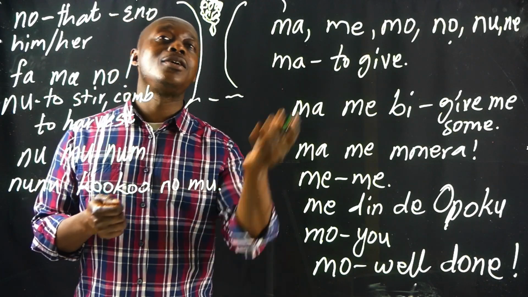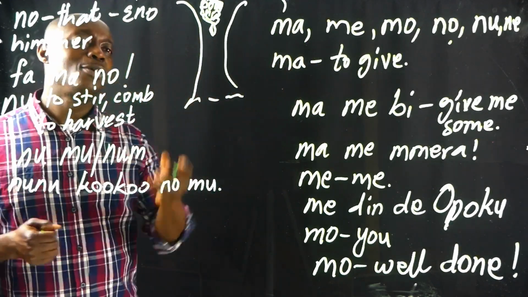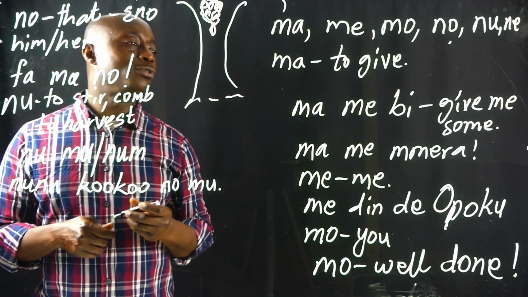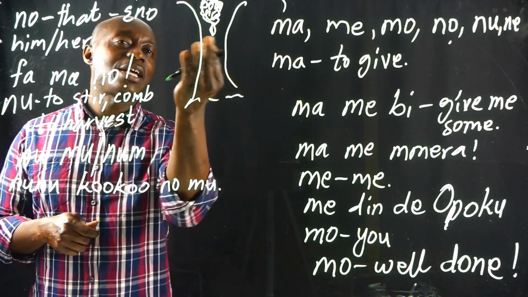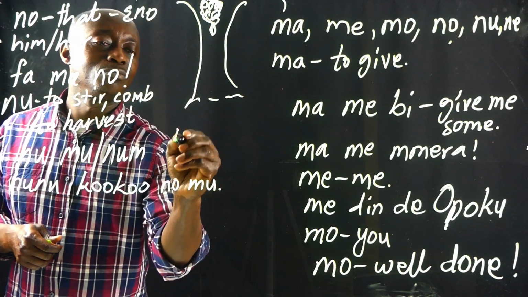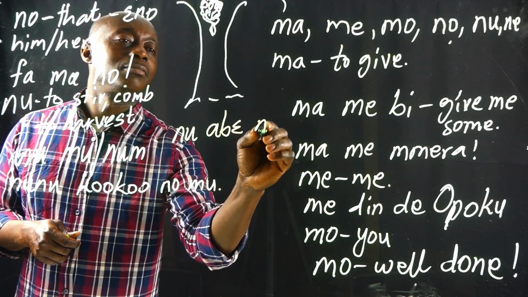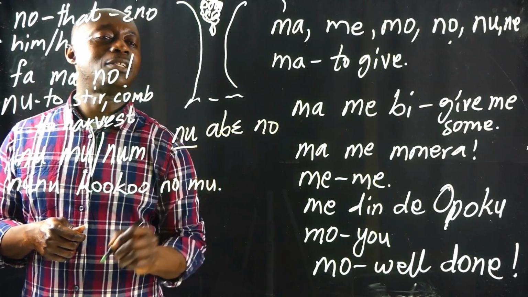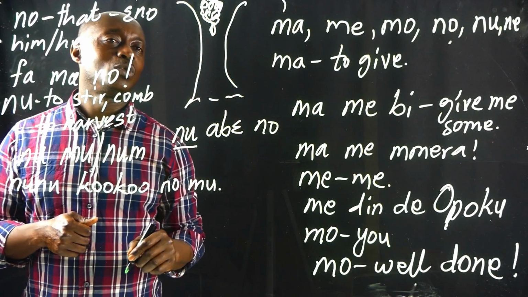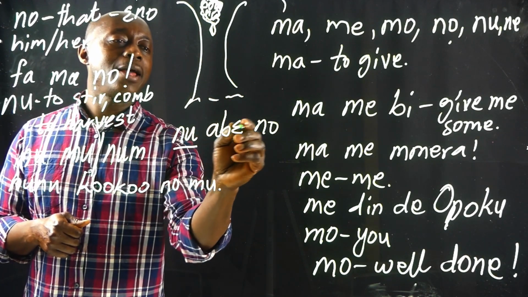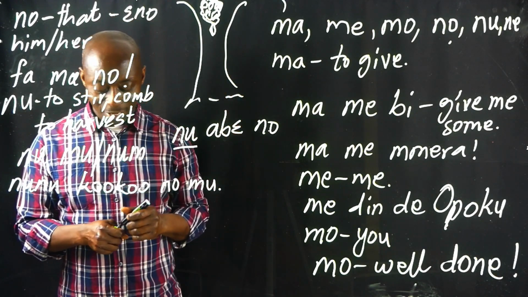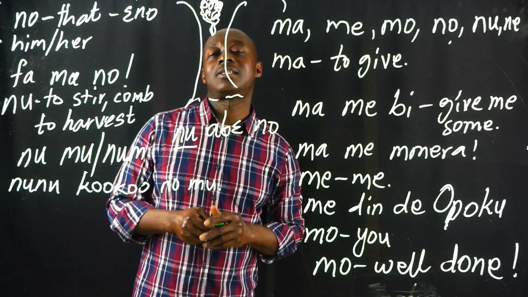In Twi we say nu abeno. Nu abeno, that means pluck the palm fruit or harvest the palm fruit. Nu, that is to harvest. Abe is what? Palm. So nu abe no. Harvest the palm fruits or harvest the palm.